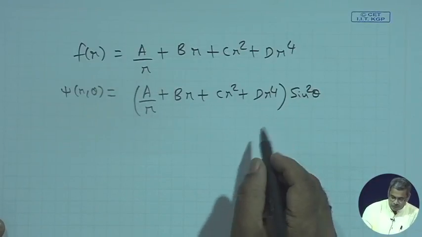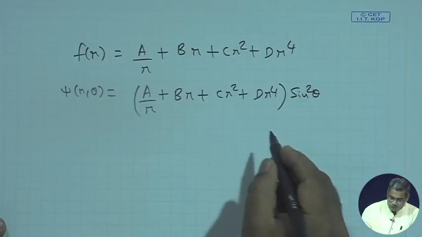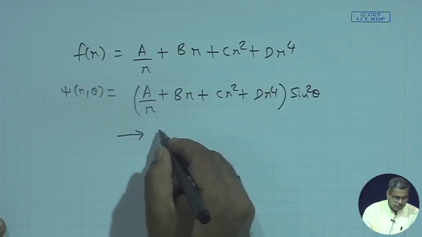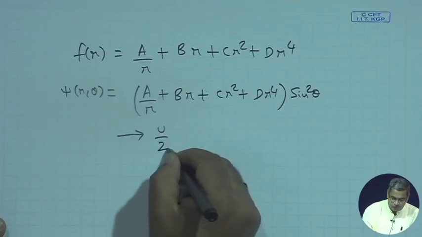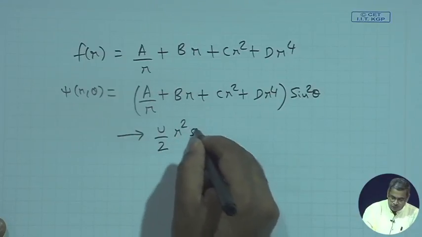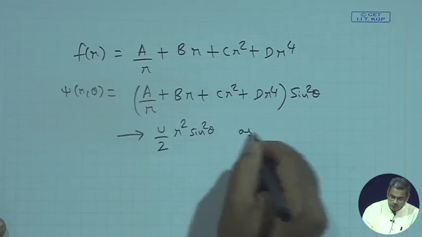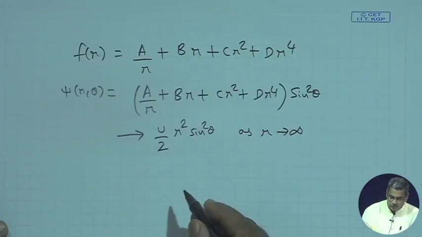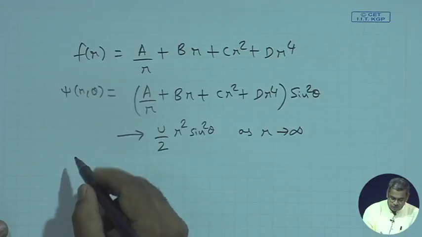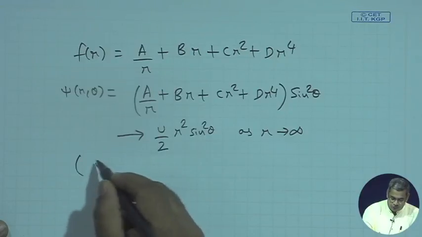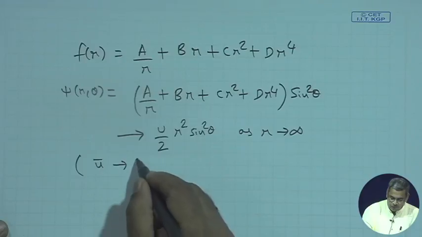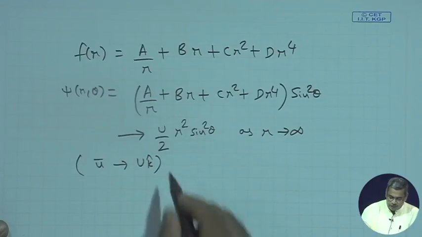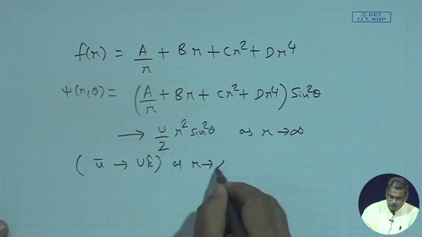Okay. So, now our condition is this should behave like u by 2 r square sin square theta as r goes to infinity. Okay. Or in terms of velocity, u bar should behave like u k, okay, as r goes to infinity.